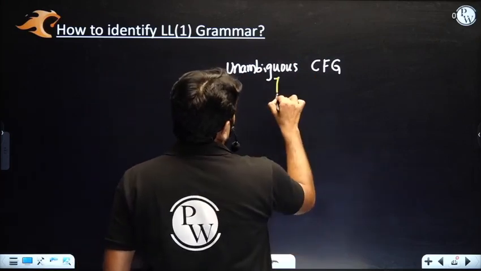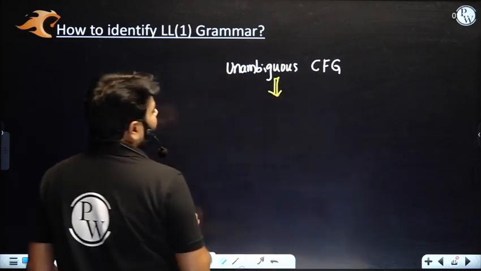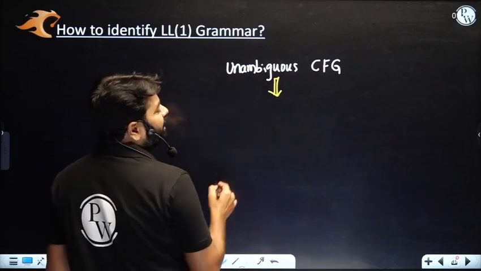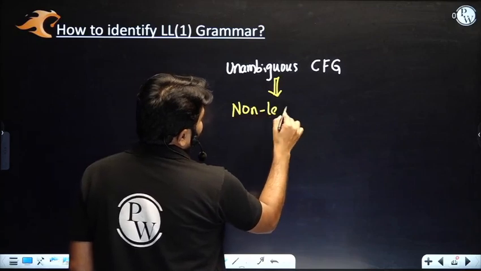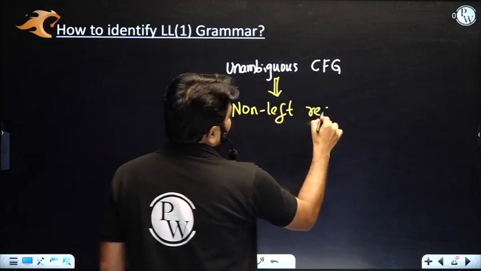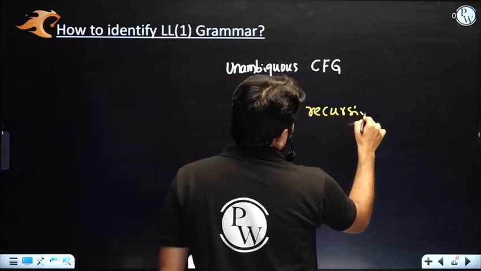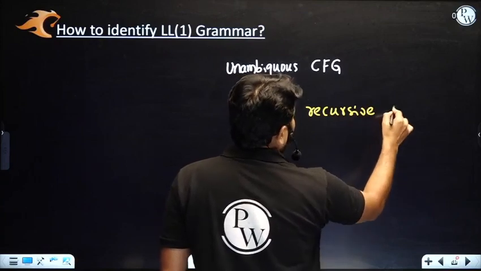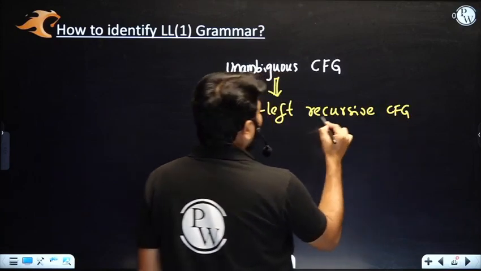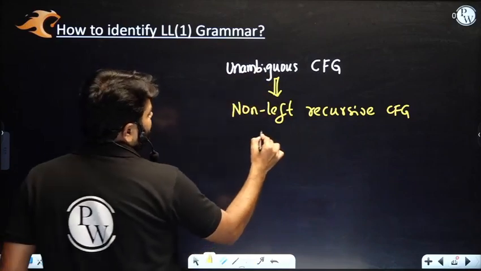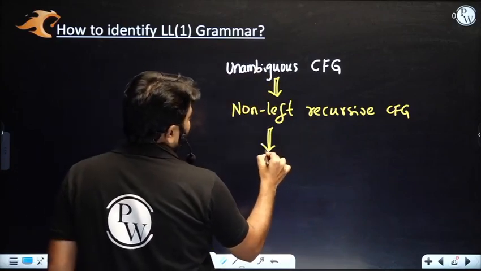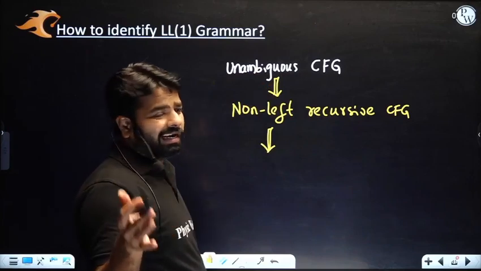Once you write it, then somehow you eliminate left recursion and make a non-left recursive grammar, because a left recursive grammar is not allowed to implement this LL1 parser. Make a non-left recursive CFG with the elimination of left recursion. Once you have this, you should eliminate common prefixes to make it left factored.